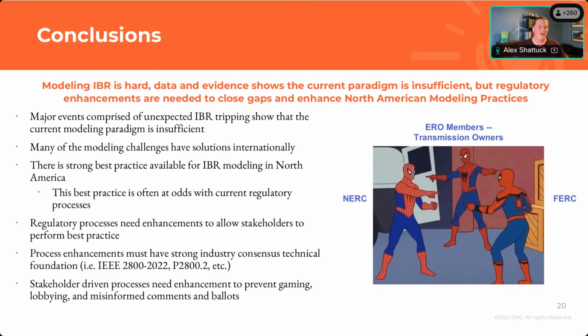Just to recap a little bit, major events comprised of unexpected IBR tripping show that the current modeling paradigm is insufficient. None of those events were predicted. None of the models, even after the fact, with hindsight, were able to match. Pretty much everything I talked about and complained about today has solutions internationally, solutions in the technology space, solutions in the regulatory space.